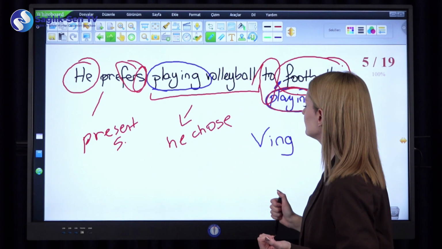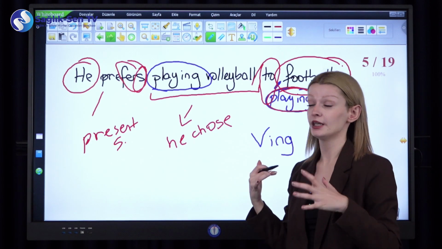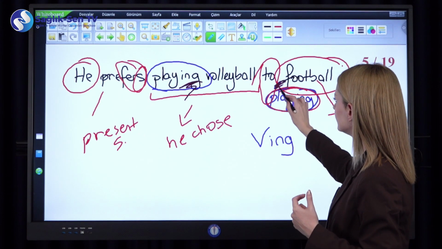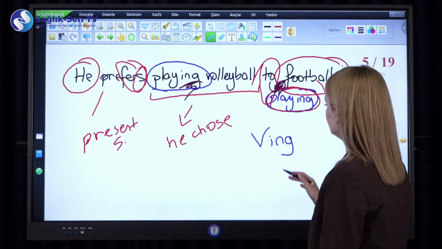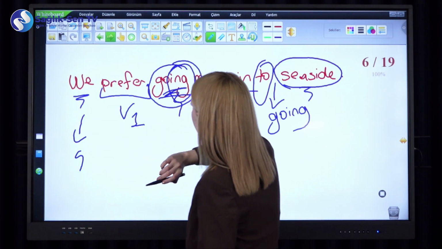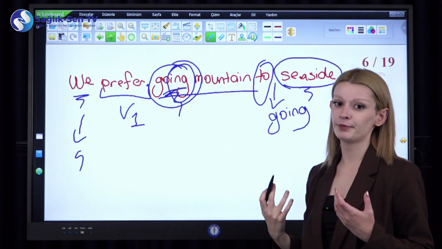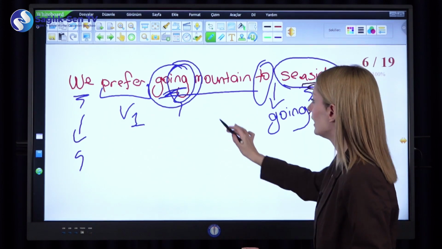He prefers playing volleyball to football. Again, our action slash verb is the same, which is playing. So we omitted playing after to. We prefer going to the mountains to the seaside. Again, I'm not comparing actions, I'm comparing objects.